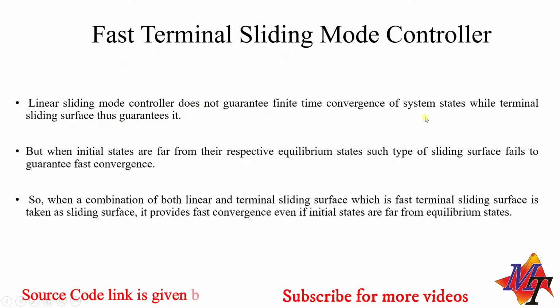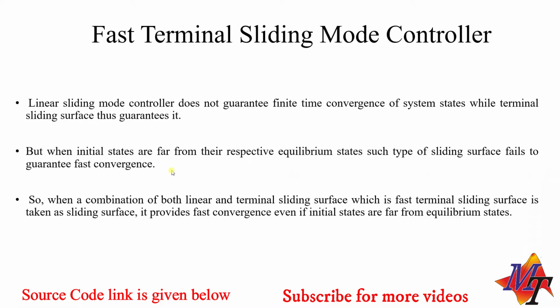Linear sliding mode controller does not guarantee the finite time convergence of system states, while the terminal sliding surface does. It means the terminal sliding surface is mainly responsible for finite time convergence of system states, but when the initial states are far from their respective equilibrium point, such a sliding surface fails to guarantee fast convergence.